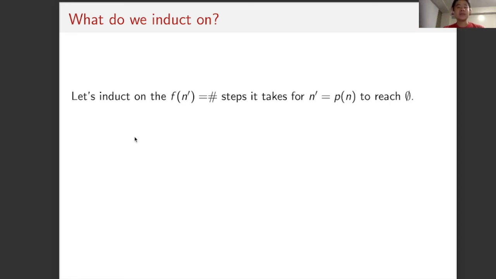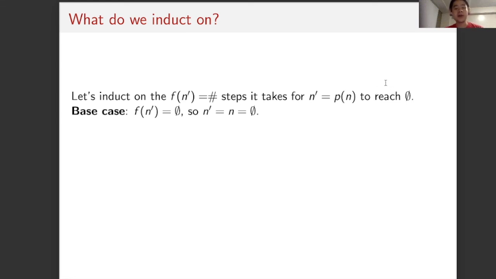So let's say n prime is our smallest set that contains only digits from 0 to 8. Suppose that f of n prime is the number of steps that it takes for n prime, which is the predecessor of n, to reach empty string. By our outer induction hypothesis, this is less than infinity.